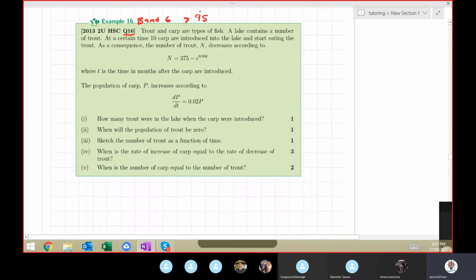This is more for the 95 plus students. The students who will be getting 95 plus will be able to answer all of this. That's how question 16, these style of questions were. Anyways, have a quick read.